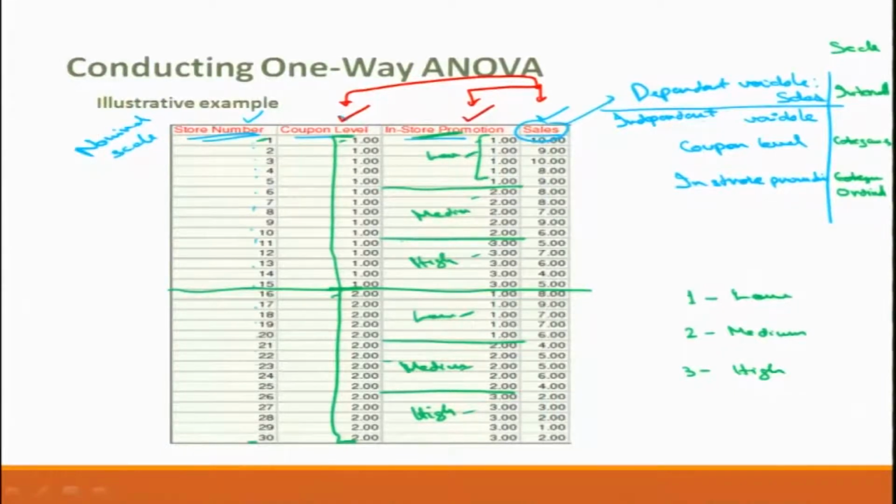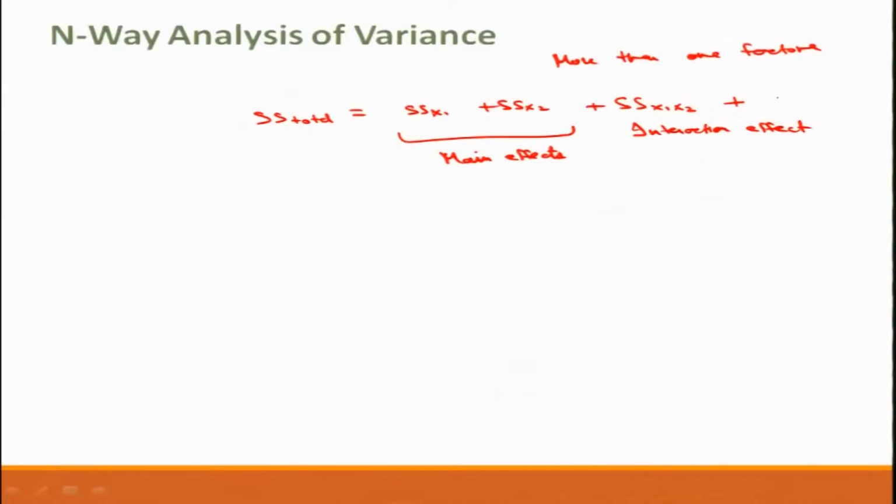We have coupon level 1 and coupon level 2, the two levels of category here, and three levels of category in in-store promotion. How does this affect our sales? We will see this. Not to forget, this is actually the perfect model if we do not have the error here. We need to put SS error, that is SS within category.